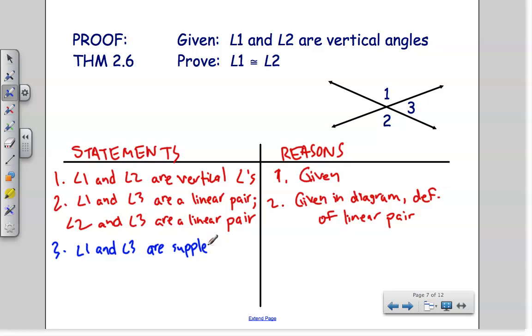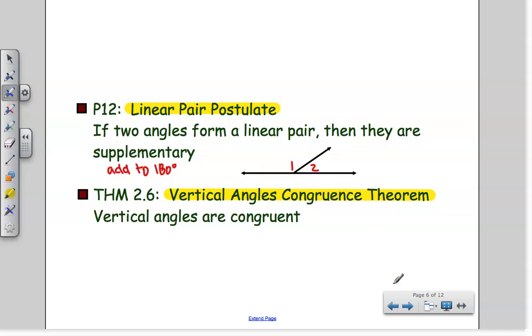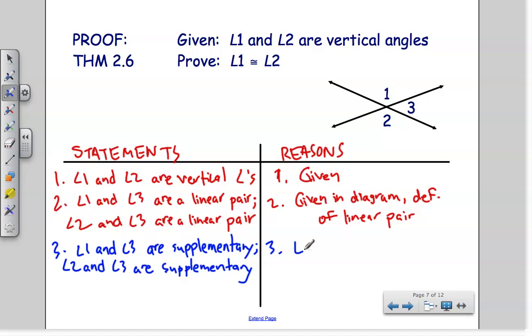The linear pair postulate just told me that if you have a linear pair, they are supplementary. And then also angles 2 and 3 would be supplementary as well. And the cool thing is I'm going to use my other theorem that I just listed in the next step. But I knew that linear pairs were supplementary by the linear pair postulate.